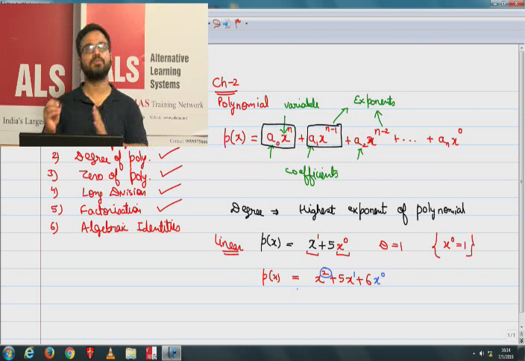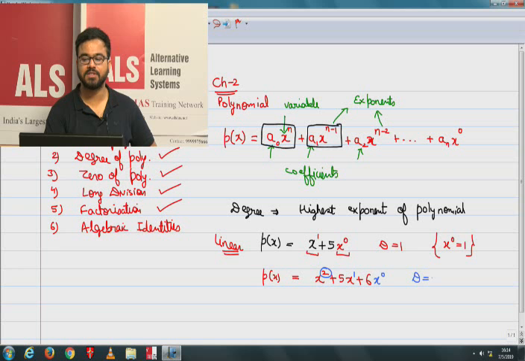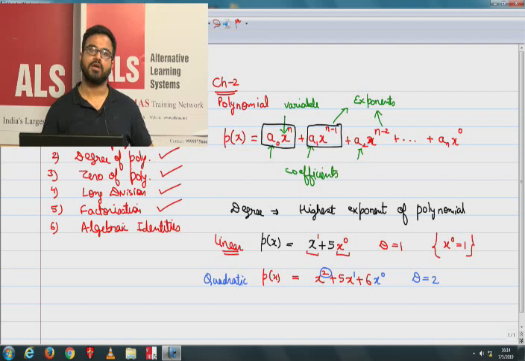So the highest exponent in this polynomial is 2, which means the degree of this polynomial is 2, and the name of that polynomial was quadratic. Are you getting this? Please raise your hand if you got the concept of degree of the polynomial.